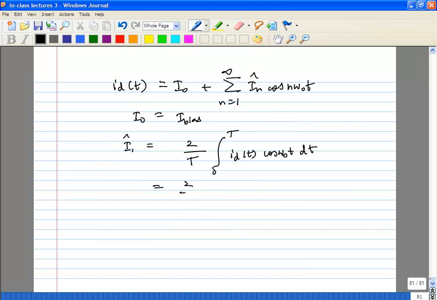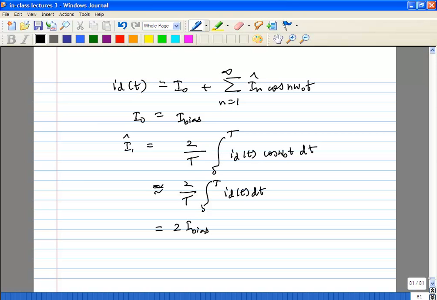So this is approximately ID of T dt. What is this? I bias is nothing but 1 over T integral 0 to T ID of T dt. So this is nothing but twice the bias current. Is that clear to everyone?